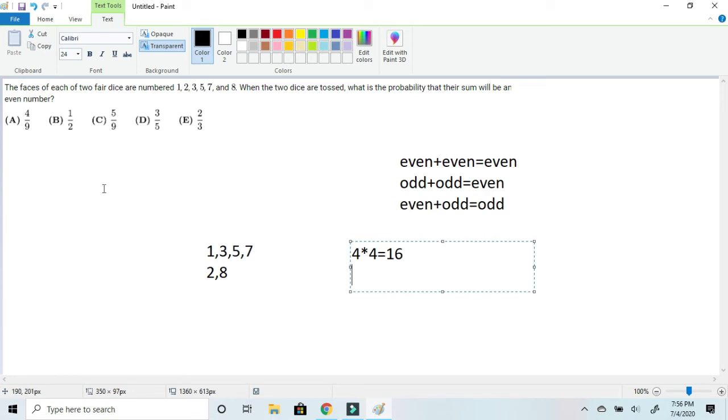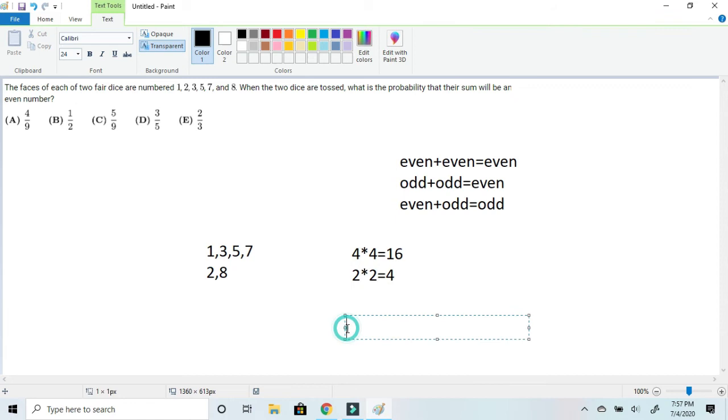Since there are 2 of the numbers on one of the dice and 2 in the other one, there are going to be multiple cases, because 2 could go with 8, 2 could go with 2, 8 could go with 2, and 8 could go with 8. And instead of counting those, we could just multiply it like we did previously. So that would just be 2 times 2, which is equal to 4.